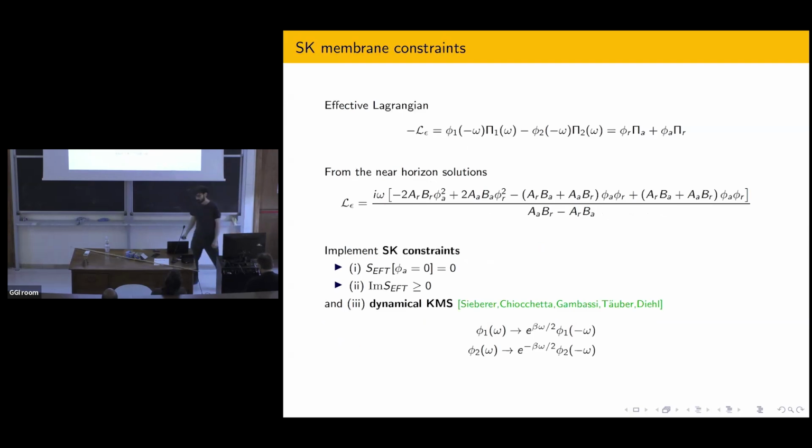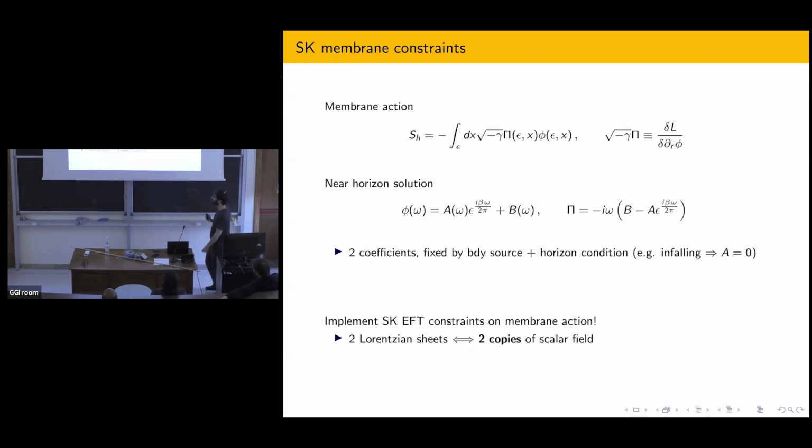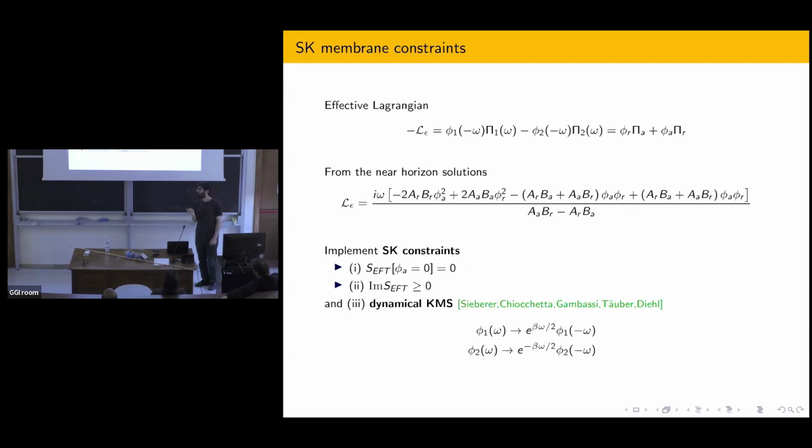Because the effective Lagrangian on the cutoff surface is really two copies of this action that I showed earlier, with a relative minus sign because I take the time orientation to be opposite.